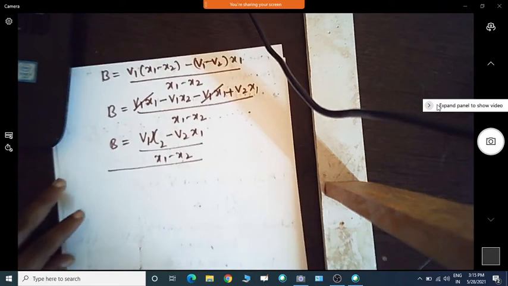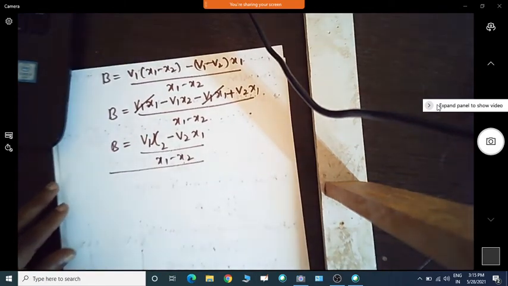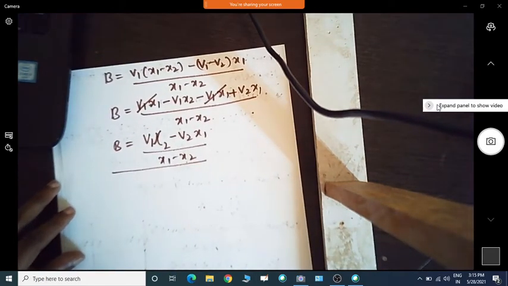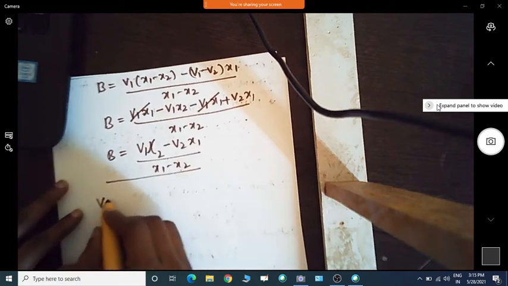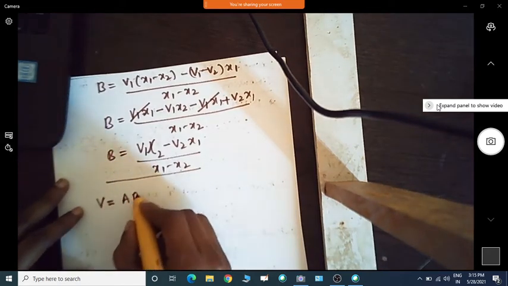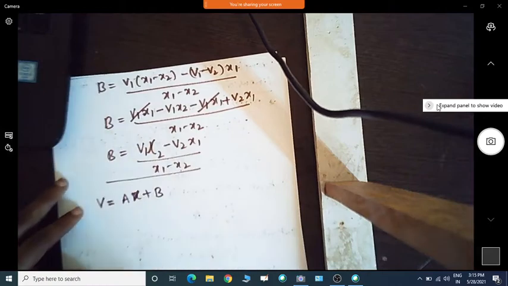Now if I substitute the values of a and b, we will get the complete solution, that is v equal to ax plus b.